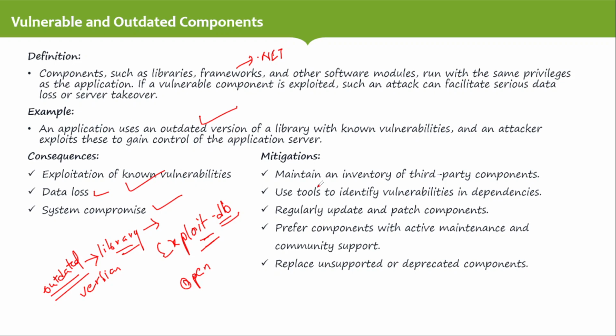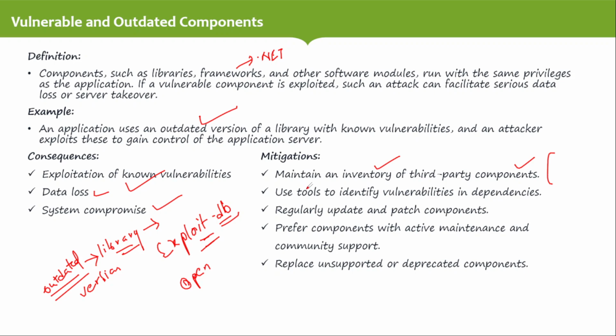Coming to the mitigation part, maintain an inventory of third party components. We need to maintain an inventory of whatever third party components are being used for application development. It is also a best security practice.